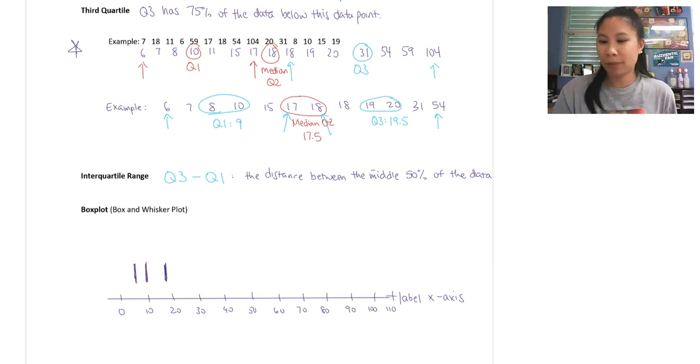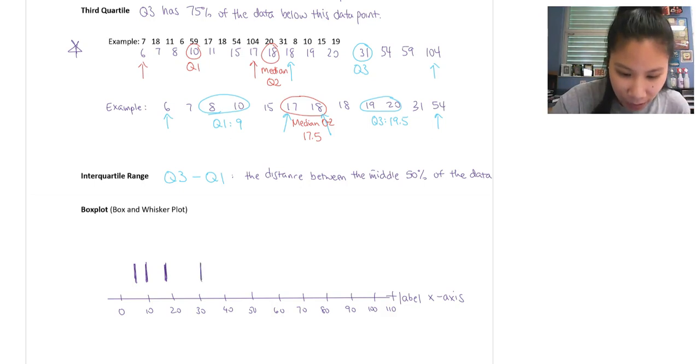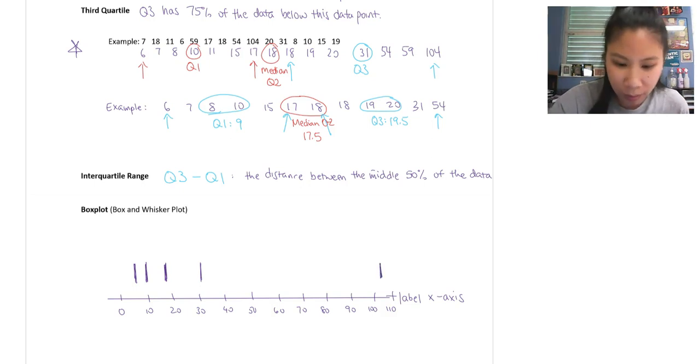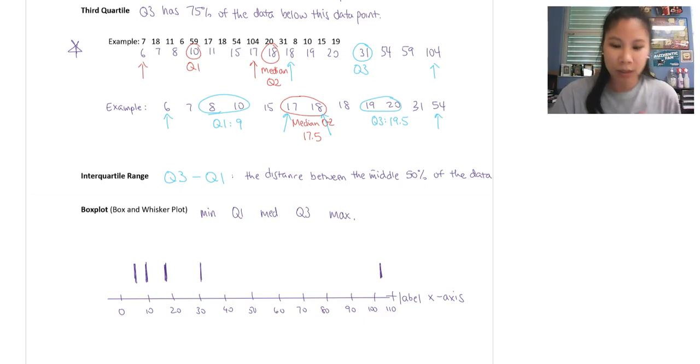Q3 is the next number, which was 31. And then our maximum number was 104, and that's the 5 numbers that we need. So it's the min, Q1, the median, Q3, and the max. Sometimes we like to call those 5 numbers our 5-number summary, which is really obvious as a name, but whatever.